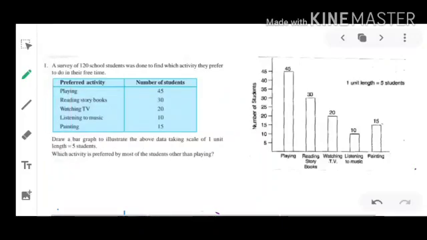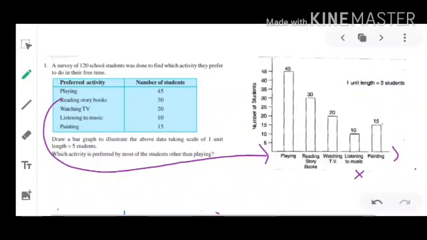You can see that on the x-axis, I told you we have to write basic information. So here the basic information is the preferred activity. So here we show it on the x-axis: playing, reading storybook, watching TV, listening to music and painting. And on the y-axis, yes, numerical information.